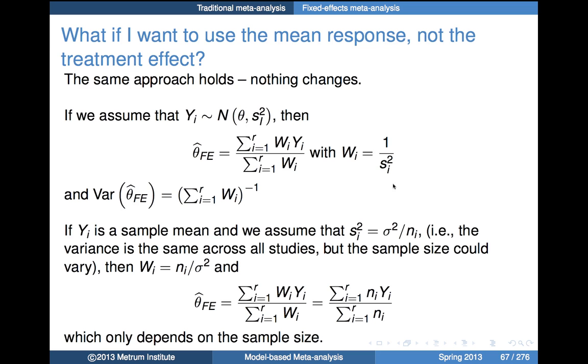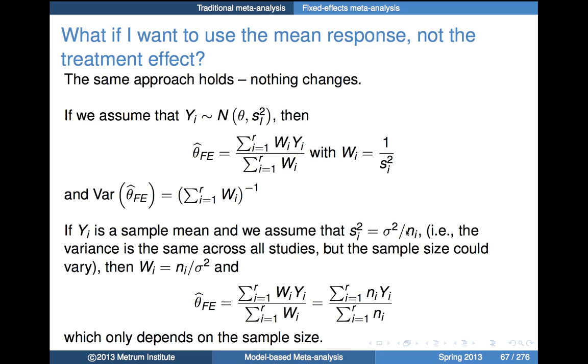So you can imagine that if y i is itself a sample mean, and we assume that across the studies the between-subject variability, the variability in the response at the individual level, is the same, and we denote that by sigma squared, then the standard error of that mean response is sigma over square root of n.